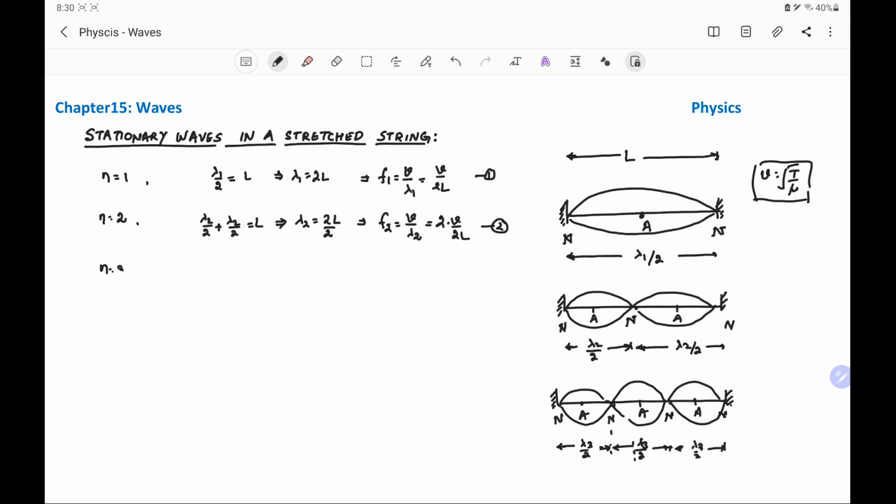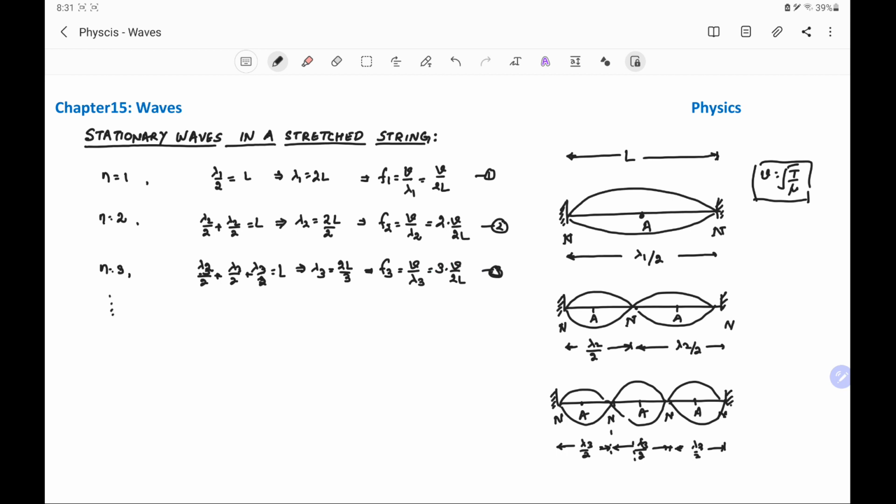For oscillation in three loops, the equality will be lambda 3 by 2 plus lambda 3 by 2 plus lambda 3 by 2, because there are three loops, and it will be equal to the length of the string. So we can write lambda 3 is equal to 2L by 3, and the frequency of oscillation will be equal to V by lambda 3, that is equal to 3 into V by 2L.